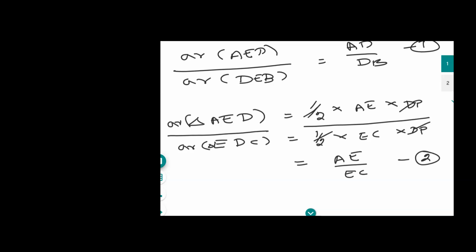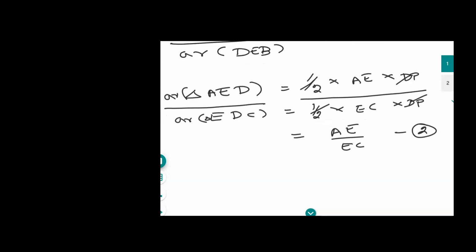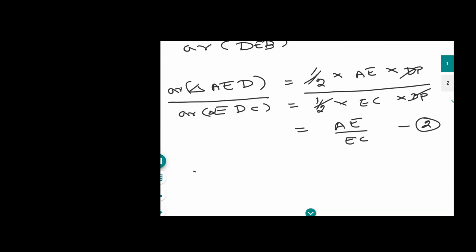Now we can see that area of triangle AED by area of triangle DEB is equal to AD by DB. Similarly, area of triangle AED by area of triangle EDC is equal to AE by EC. So we can also see that area of DEB is equal to the area of EDC.